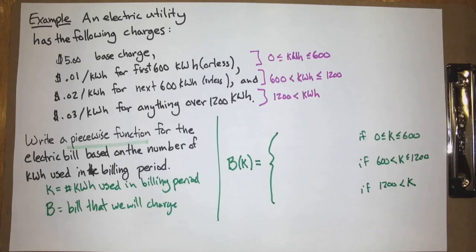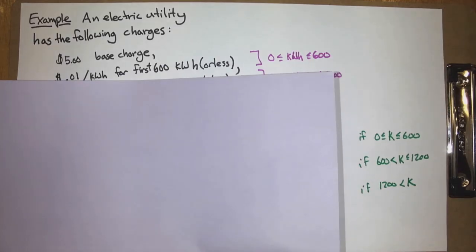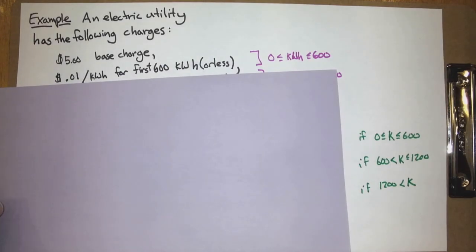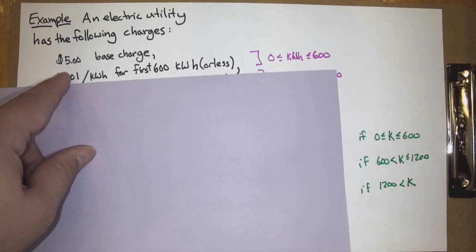So let's start with the first one. We're between 0 and 600. How do we figure out our bill? What can affect the bill? We have two things.